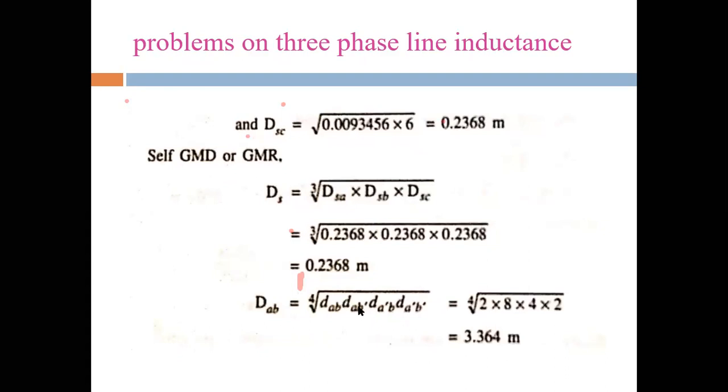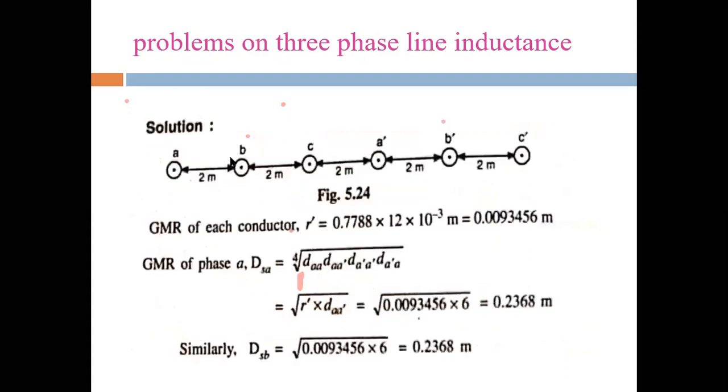Next, A to B dash. We calculate the distance between A to B dash. A to B dash is 2 plus 2 plus 2 plus 2.